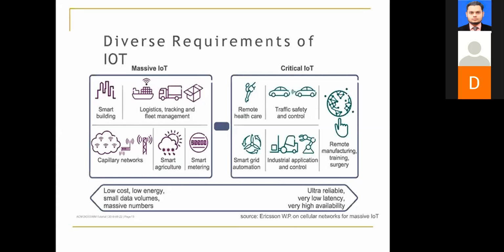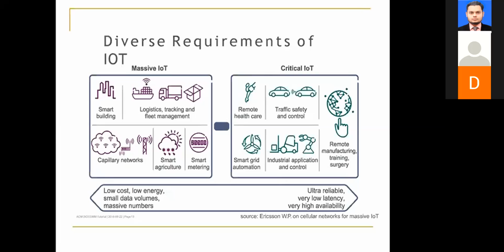As the name says, massive is a general IoT system in bulk, like transportation systems, logistics, fleet management, smart metering, and smart agriculture metering, in which a delay of a few milliseconds will not affect the performance.